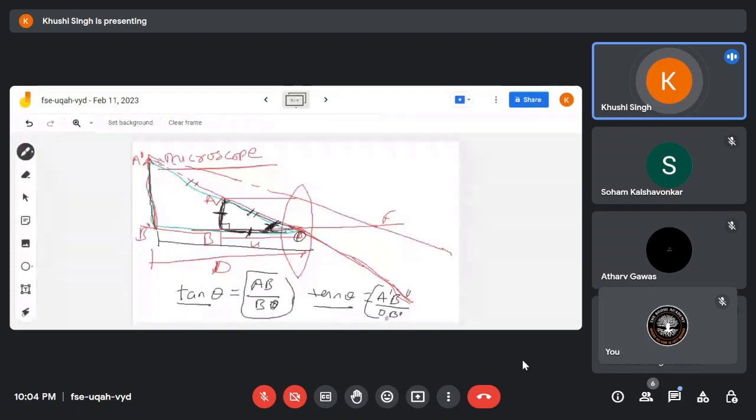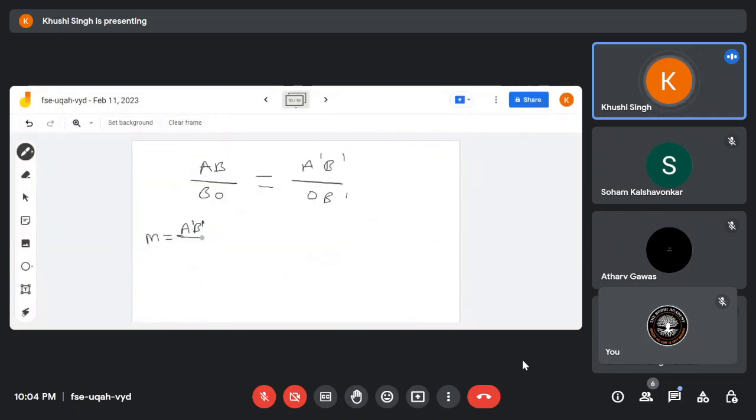Right? Now I know that magnification is given by height of image upon height of object. Can you see this is AB here and this is my A'B' here. So I'm taking my AB to the denominator by cross multiplication, and I'm taking this OB' to my numerator, interchange.